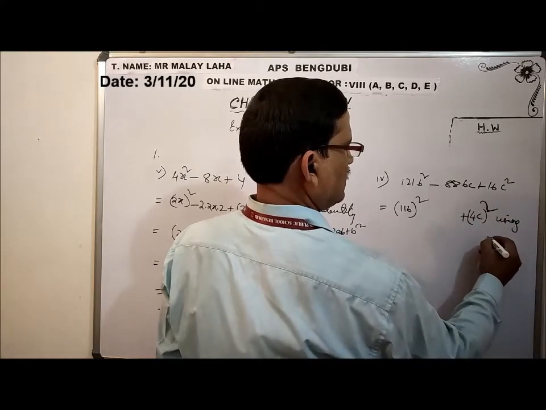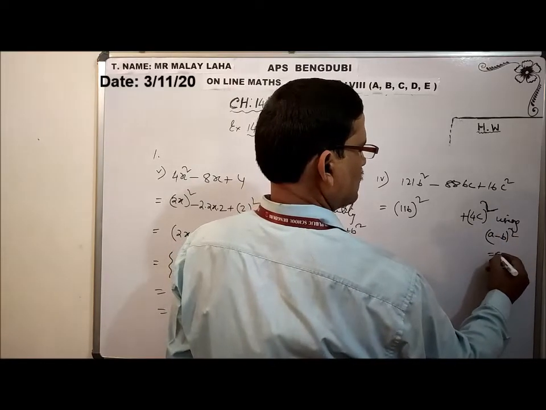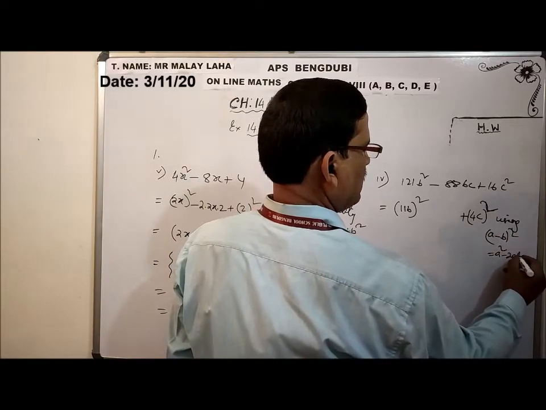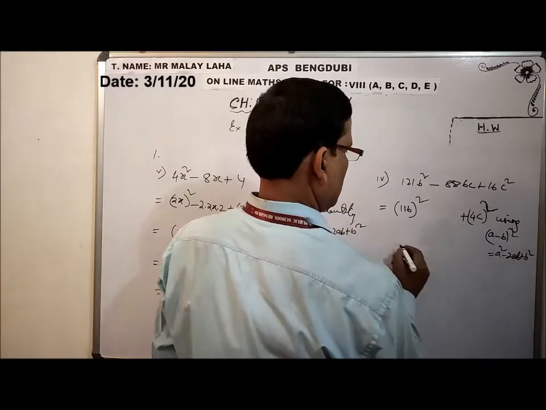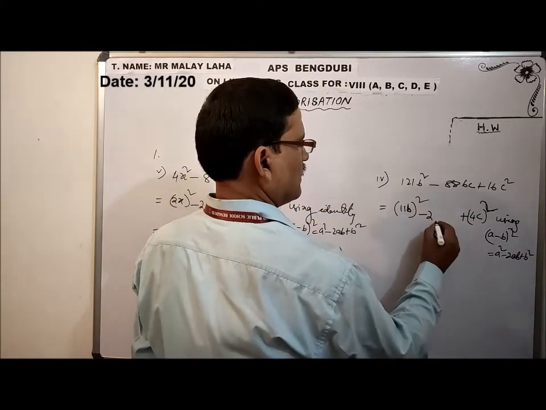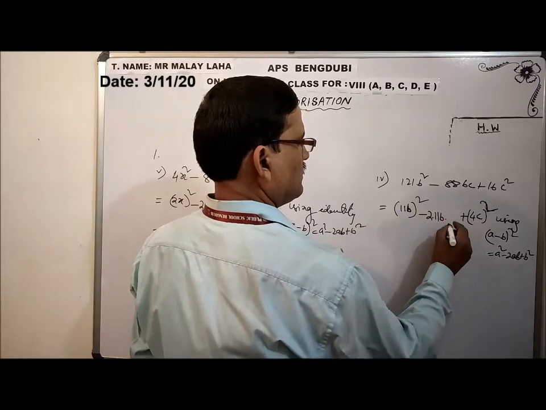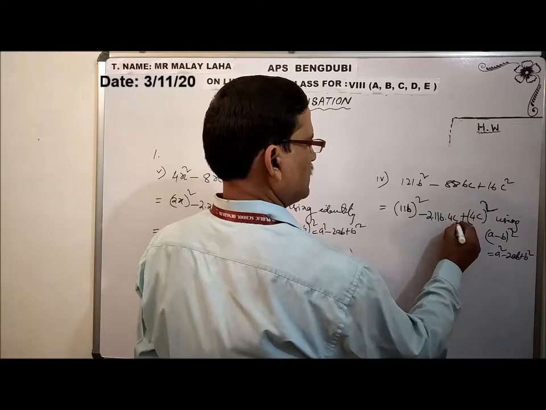Using a minus b whole square is equal to a square minus 2ab plus b square. In 2ab, 2a means 11b, b means 4c.